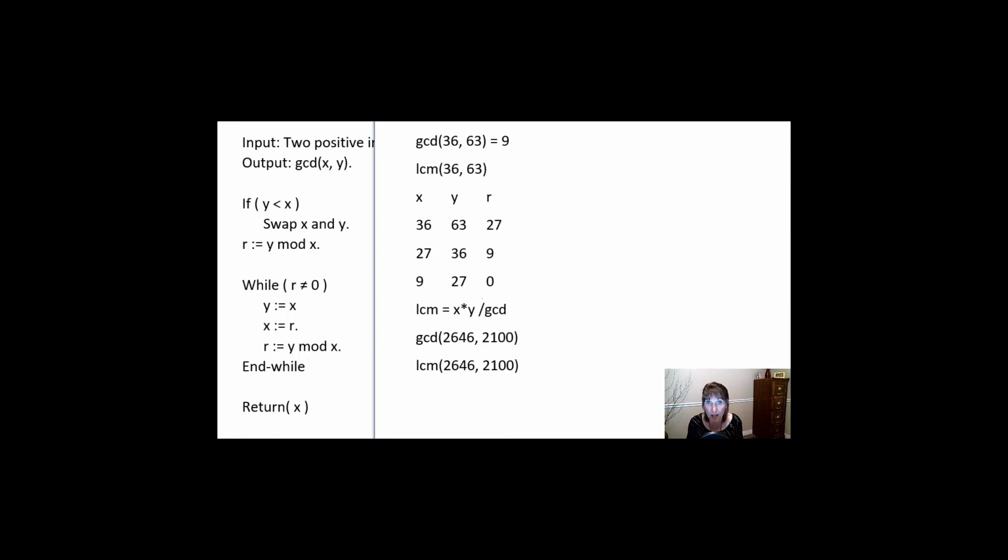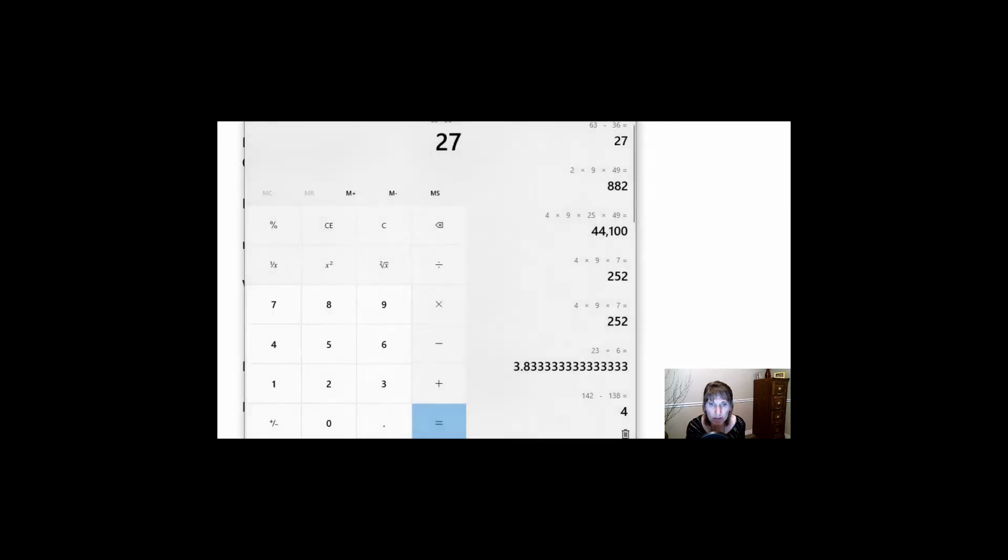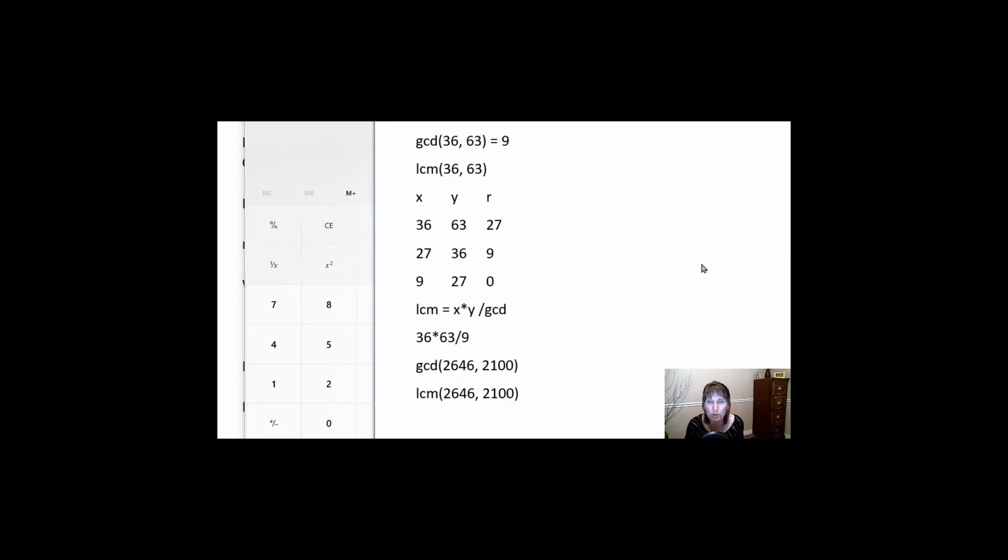We have x times y, which is 36 times 63, and then we divide it by 9. If we use our calculator, we come up with 252, the same thing that we did last time. So we do the work to figure out the greatest common divisor, and then we simply plug into the formula to find out what the least common multiple is.